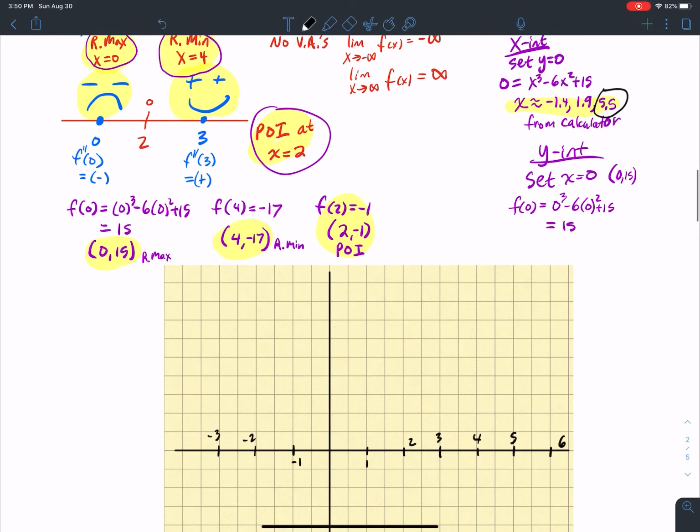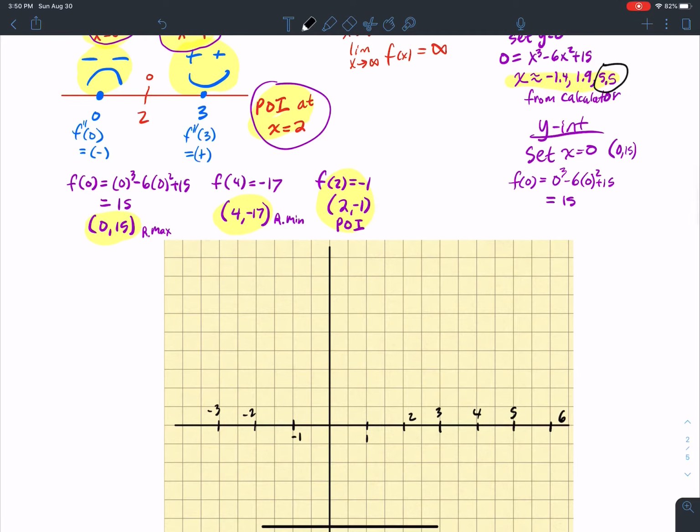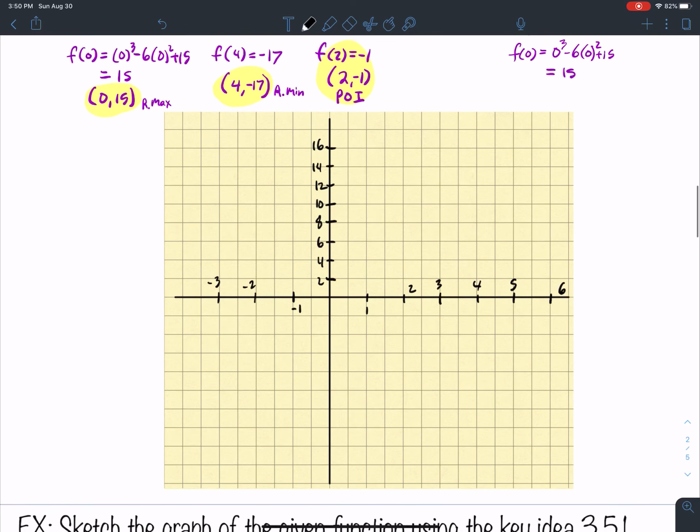Now, I have a y-intercept of 15, so that's going to go up pretty high. So I think I'm going to count by 2's here. So 2, 4, 6, 8, 10, 12, 14, 16. And I want to go down 2, 4, 6, 8, 10, 12, 14, 16, 18.